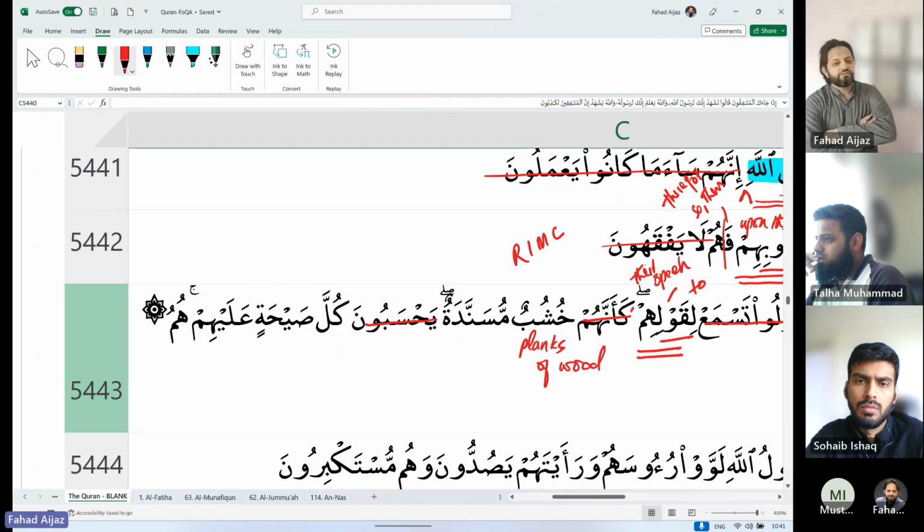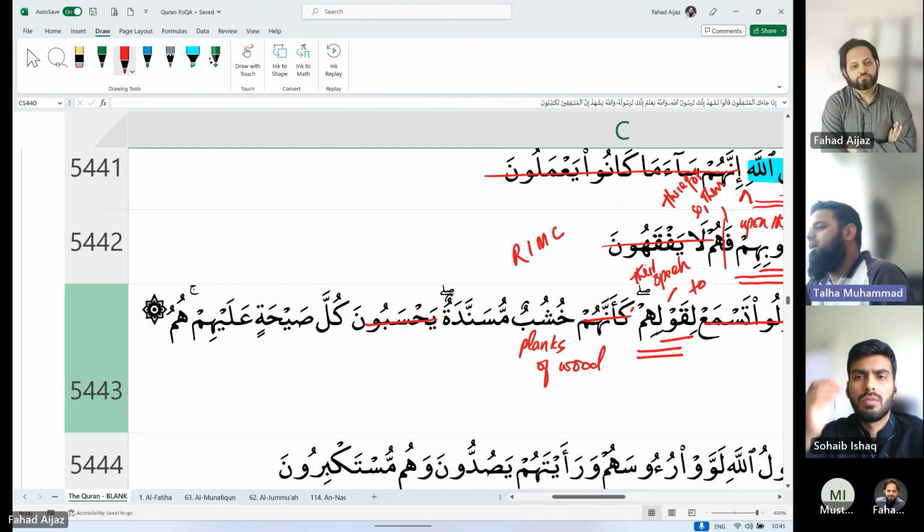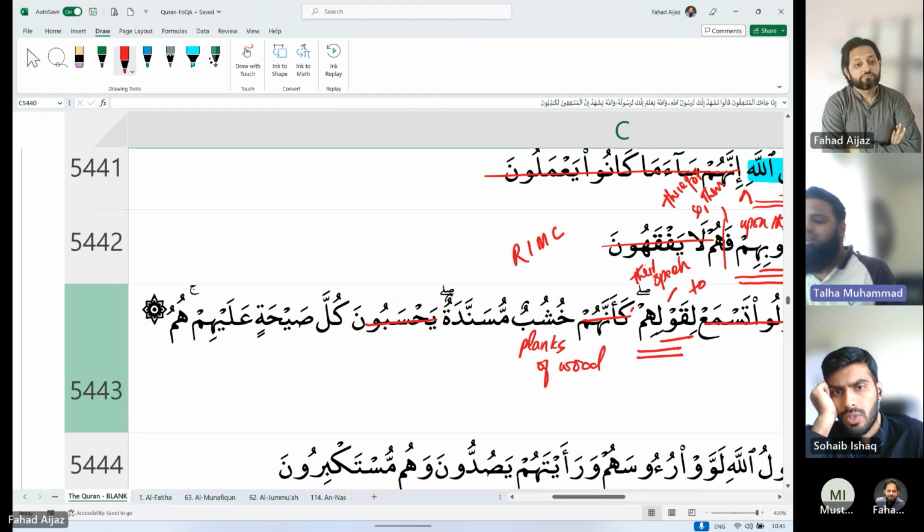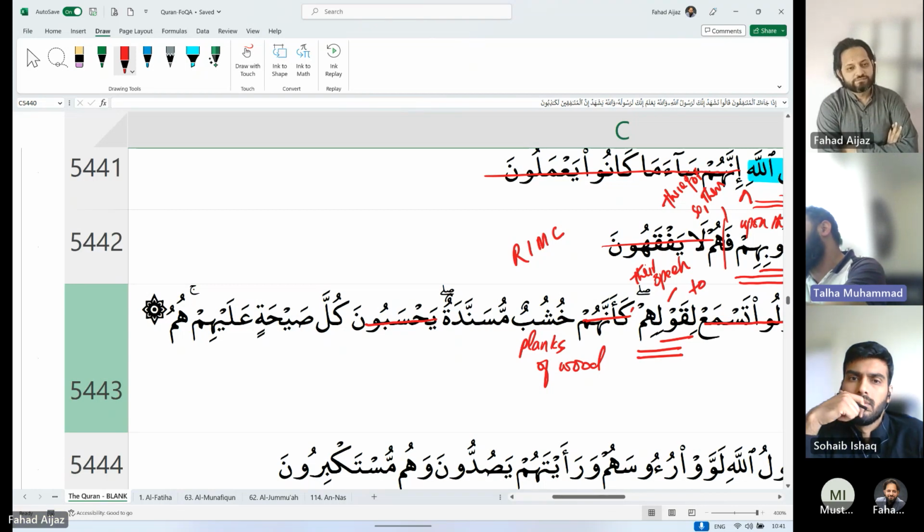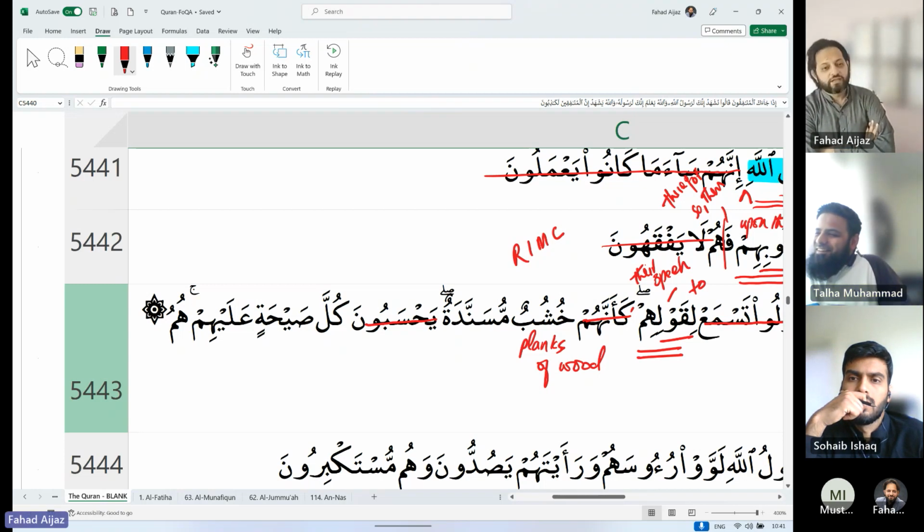What does khushubun mean? Planks of wood. It's a broken plural. It's a singular feminine. Correct. I was about to say that because tun is feminine, so it cannot be Mawsuf Sifa because a male is. The reason I gave you the meaning is exactly that, so now you know the meaning, you can detect.